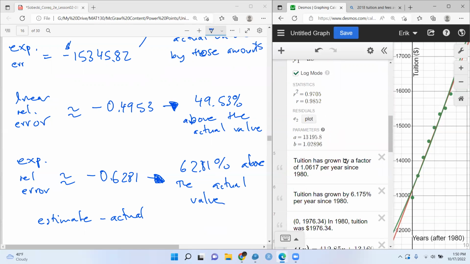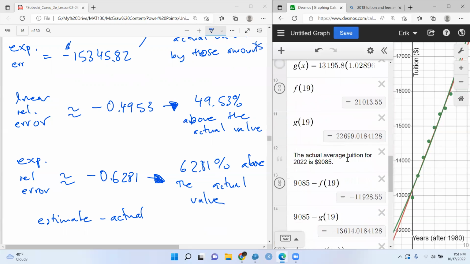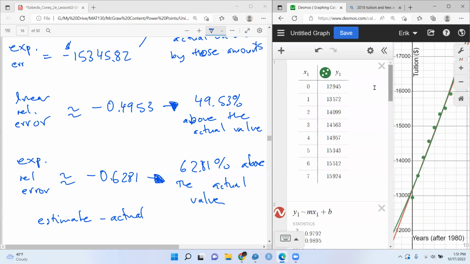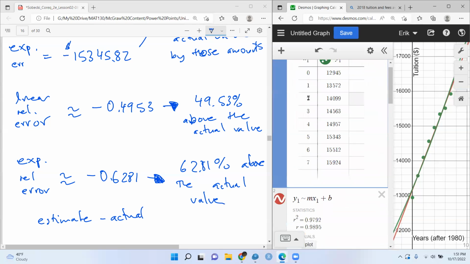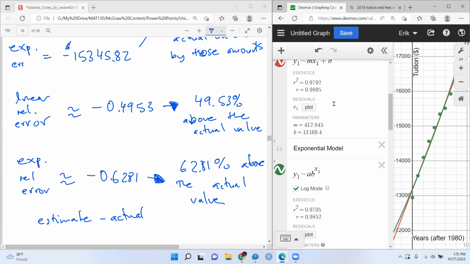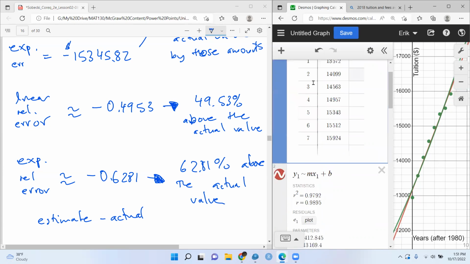Okay, I did a lot there really fast. It suddenly occurs to me, did you all follow what I did here? It might be helpful for me to recap. I deleted the first three data values and created a new starting value, a new year 0, and that year 0 corresponded to 2001. I then allowed Desmos to find the new models, which it did automatically because I just changed the data.